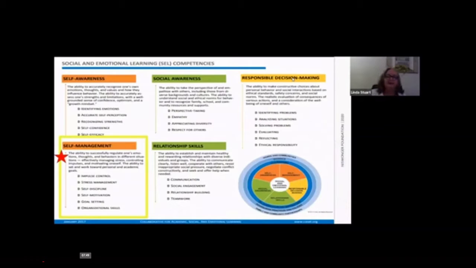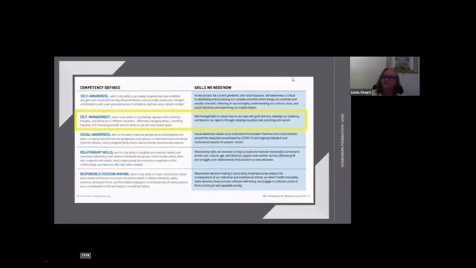In today's session of self-management, we will explore how to regulate emotions and behaviors, manage stress, set goals, and get organized. Self-management is really critical today in the world we live in, and for students, I'm sure it can be very scary.